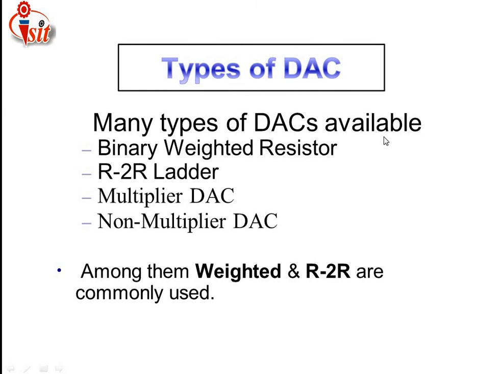Types of DAC. Many types of DACs are available in the market. As we discussed in the previous lecture, they are categorized into four types: the binary weighted resistor, the R-2R ladder, the multiplier DAC, and the non-multiplier DAC.